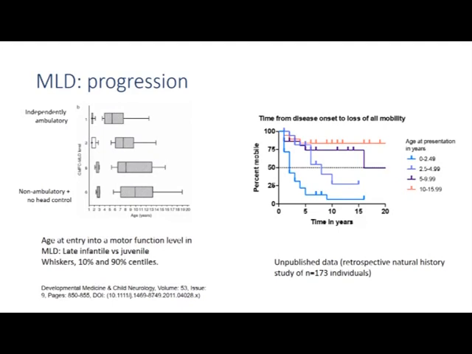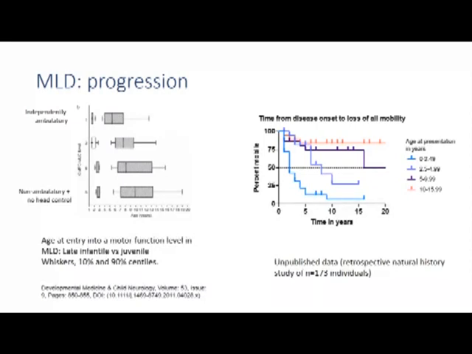At the top are shown individuals at the age when they entered the independently ambulatory phase, or level 1, compared to when they entered level 2, which is dependent ambulatory, level 5, which is head control only, and level 6, which is individuals that are non-ambulatory and do not have head control.